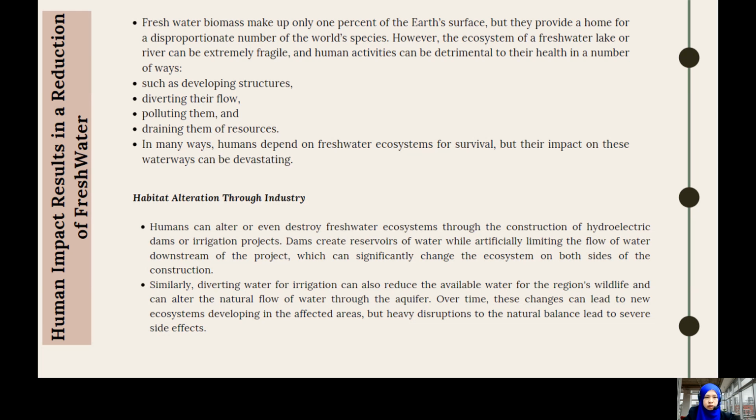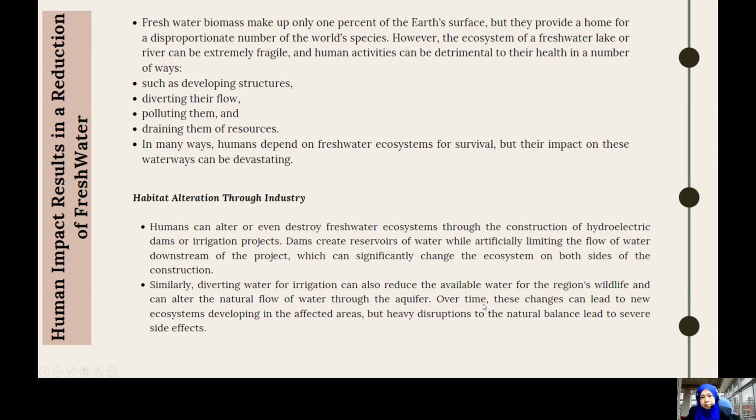Similarly, diverting water for irrigation can also reduce the availability of water for the region's wildlife and can alter the natural flow of water through the aquifer.